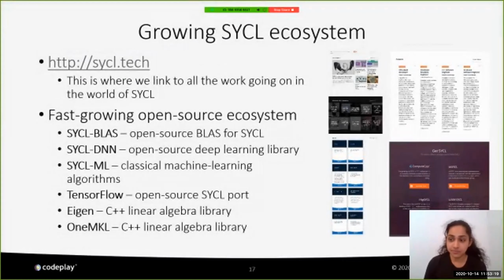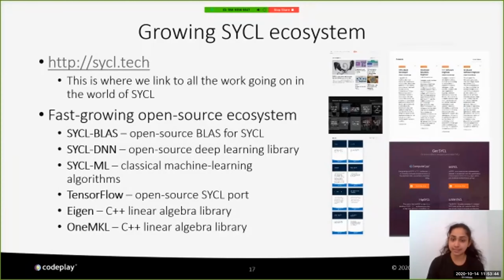SYCL also comes with a complete ecosystem of libraries. The SYCL ecosystem is fast growing. It includes SYCL-BLAS, which is an open source BLAS library, which supports linear algebra operations. We will be talking about SYCL-BLAS and SYCL-DNN later in the slides. The other one is SYCL-DNN, which is the open source deep neural network library.